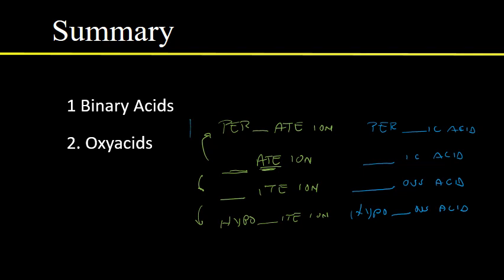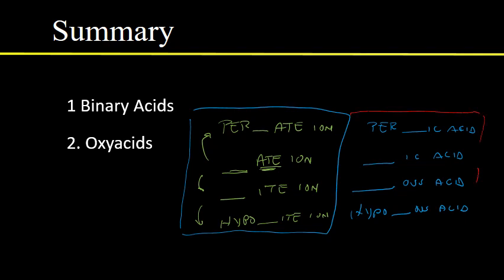So this first part of the table you already memorized, I hope, when we were talking about oxyanions, and so now you just have to add another little section to that. And notice that those two are very similar. The only difference is the ate and the ite are replaced by ic and ous. All right, great. That's it for acids, and next we will look at organic nomenclature.